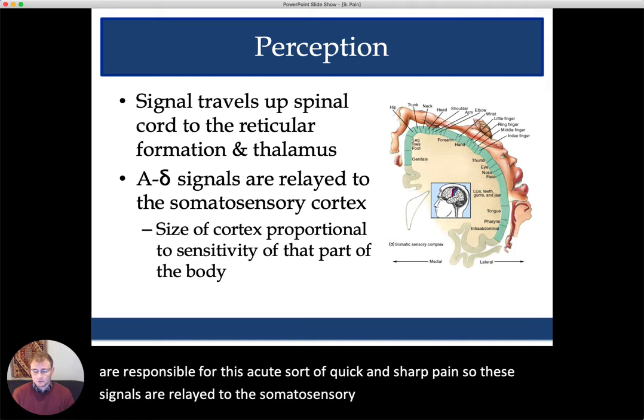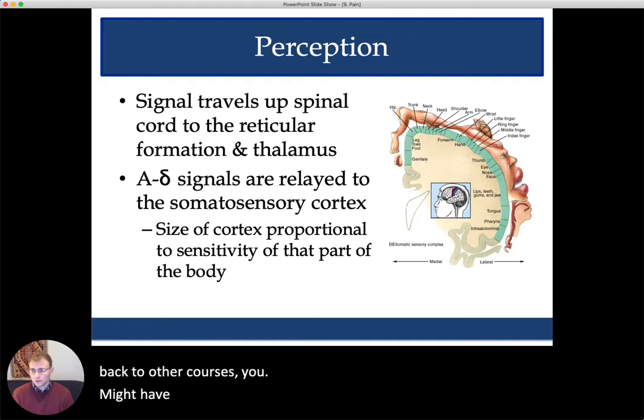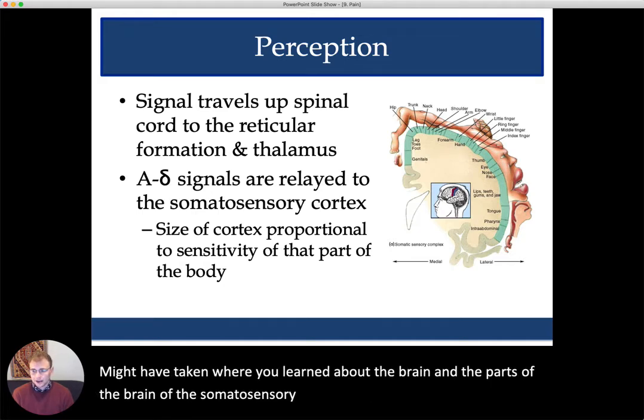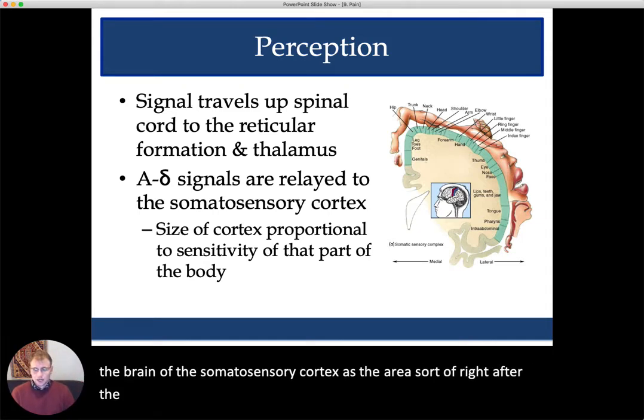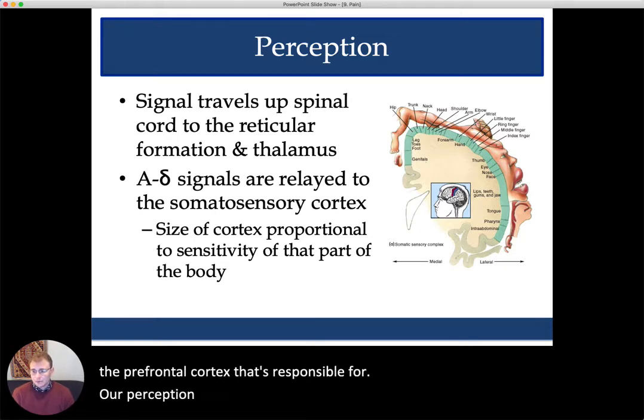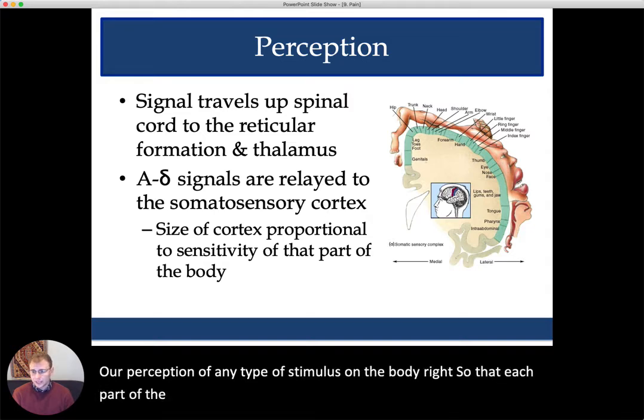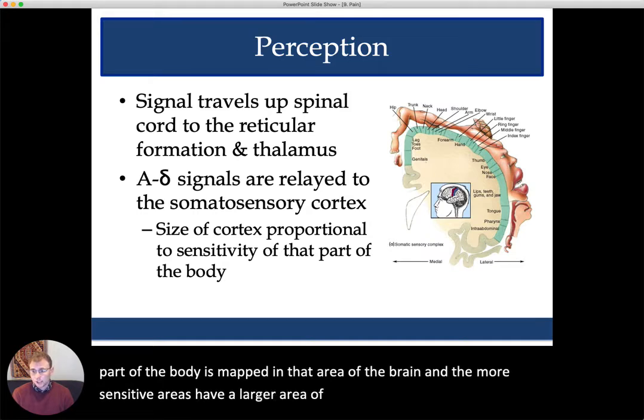And if you think back to other courses you might have taken where you learned about the parts of the brain, the somatosensory cortex is the area right after the prefrontal cortex that's responsible for our perception of any type of stimulus on the body, right? So each part of the body is mapped in that area of the brain, and the more sensitive areas have a larger area of the brain that is devoted to mapping that area.